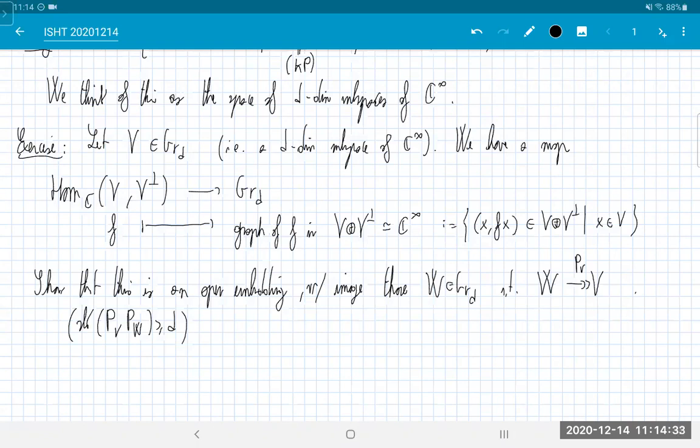But we're going to use it because we're going to need to show that a bunch of stuff is a fiber bundle over the Grassmannian, and they're going to be trivialized by these open subsets. Is this exercise clear? Okay, good.